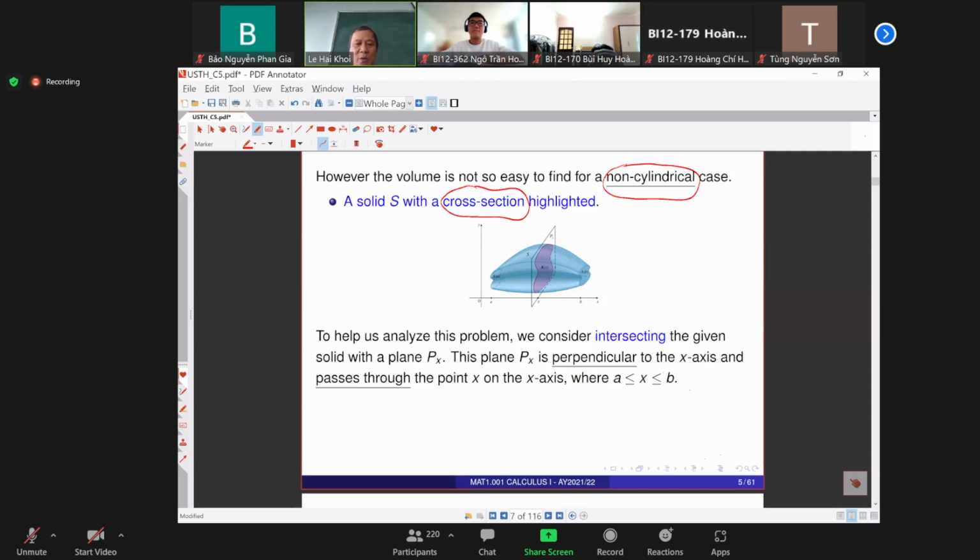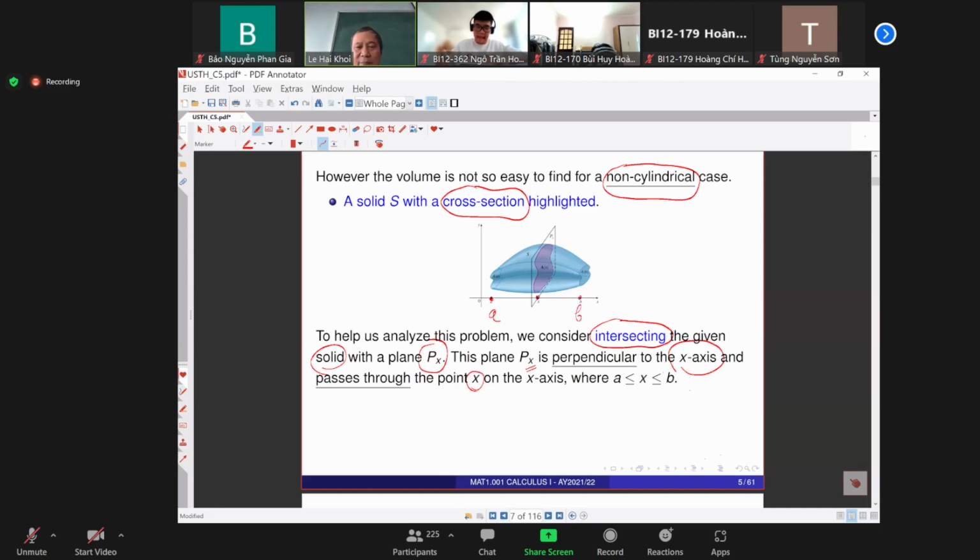What to do? Okay, so we try to consider the intersection of the given solid by some plane P_x. P_x, with the subscript x, means the plane perpendicular or orthogonal to the x-axis and passing through a point whose x coordinate is x, between a and b. So you can see here, we consider from a to b, and x is in between.